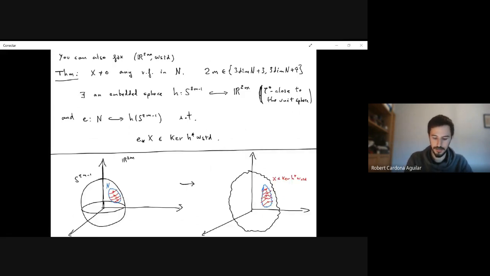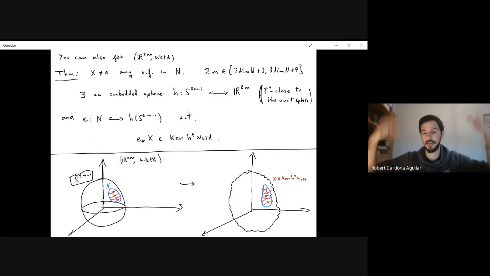You can pick R^2m with the standard symplectic structure. Here you have the standard unit sphere. And recall that the kernel of the Hamiltonian structure induced in this unit sphere is the Hopf fibration.